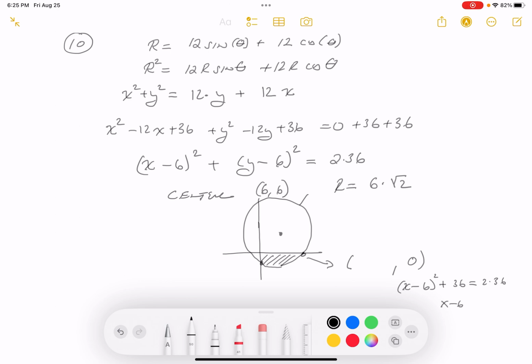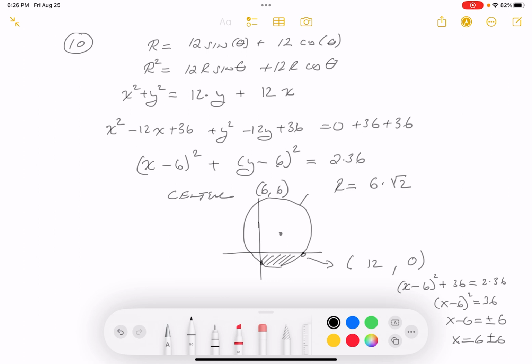So you get x minus 6 squared equals 36. So x minus 6 is plus or minus 6. So x is going to be 6 plus or minus 6. So this point over here is 12. And let's see, 6 plus 6 is 12.